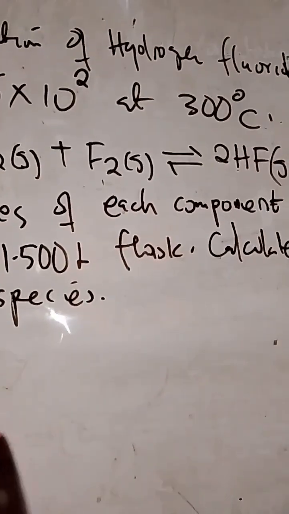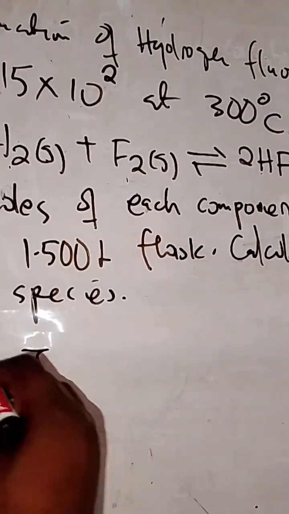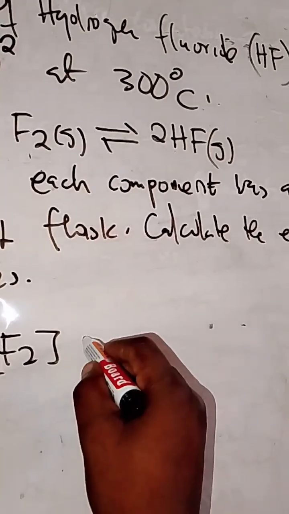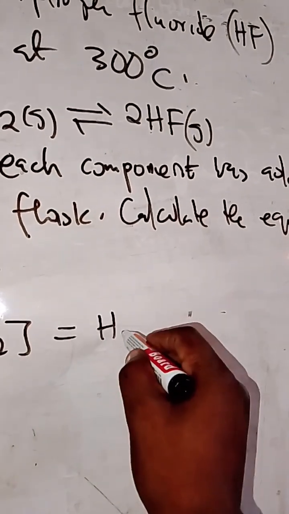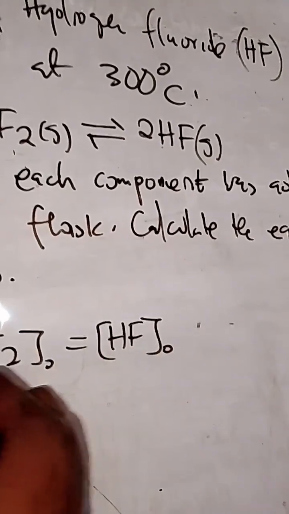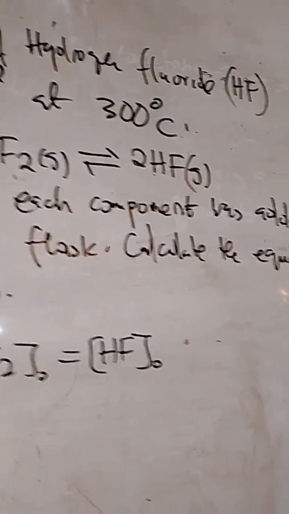Okay, so we need to know the initial concentration. So the initial concentration of hydrogen is equal to the initial concentration of fluorine, which is equal to the initial concentration of hydrogen fluoride. The 0 here means initial concentration.